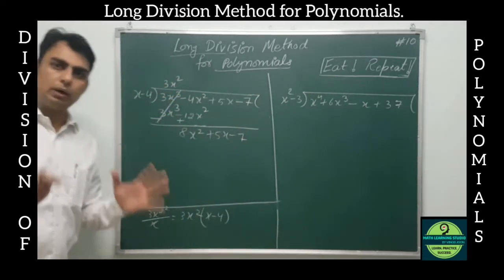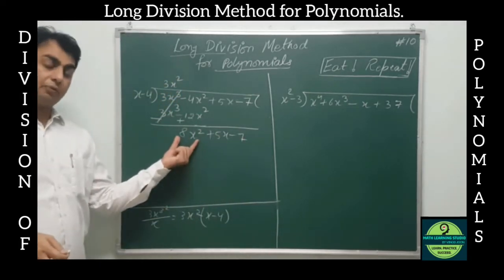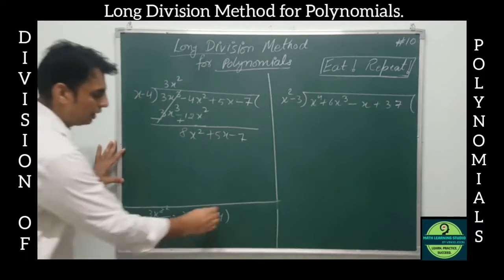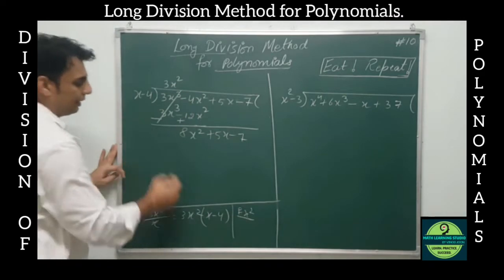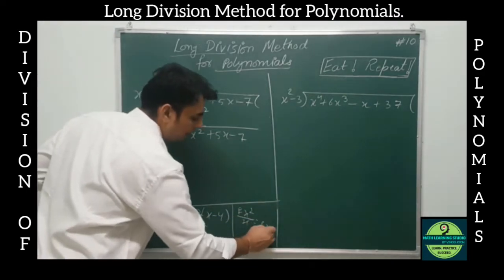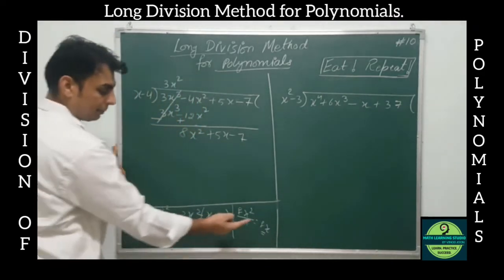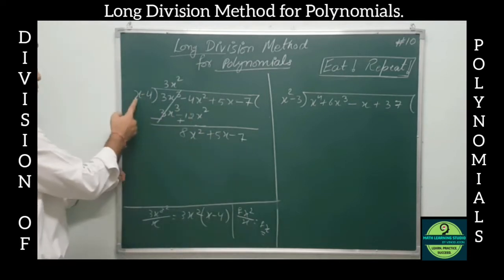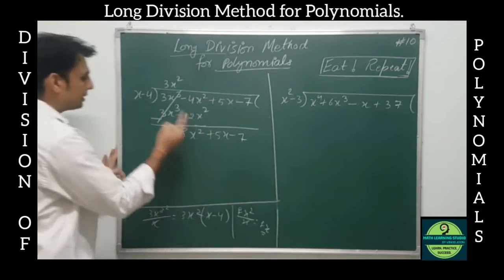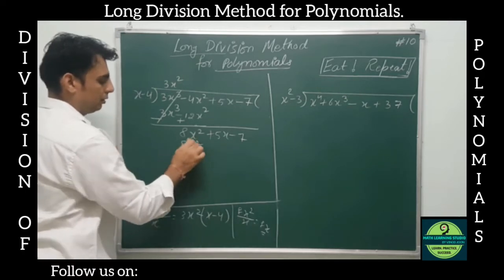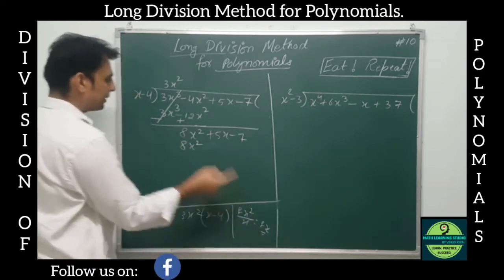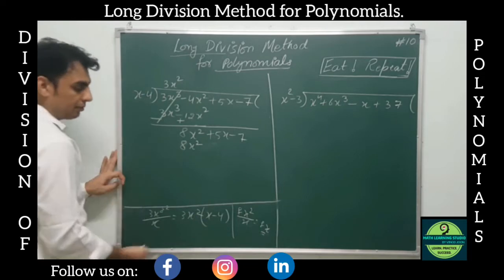Eat. Now repeat. We take the first term of this and the first term of this. So that will be what? 8x square divided by x, and it will be 8x. So we multiply 8x with this. So 8x into x will become 8x square. And 8x into 4 becomes 32x.